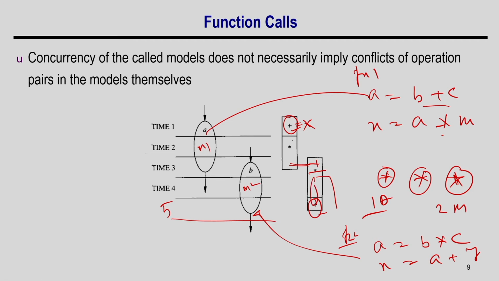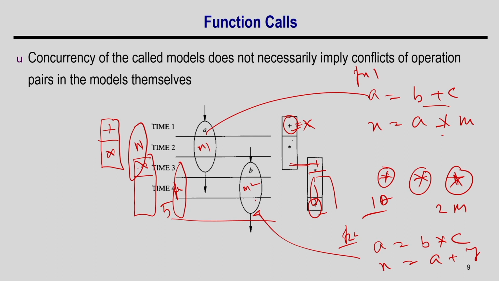Let me give the example. Suppose this is function 1, and then again I am calling function 1 only, right. So, this is function 2. Since it is basically the same operation, first addition followed by multiplication, and then again addition followed by multiplication, you can see here that the add is non-overlapping and the mult is also non-overlapping, right. The mult is overlapping with an add, but it does not matter because they execute different functionality, right.